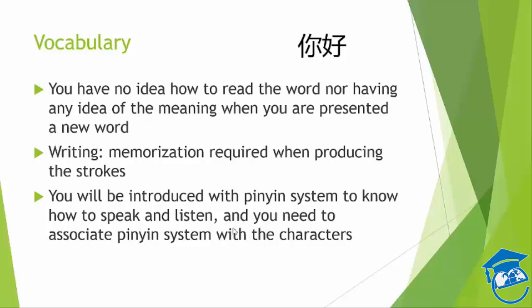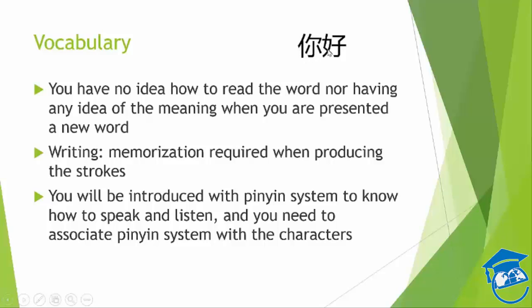And for vocabulary, when you are presented with a word like this one, you will have no clue how to pronounce it and what the meaning can be. So the only thing you can do is to memorize it, together with the strokes to produce the characters.